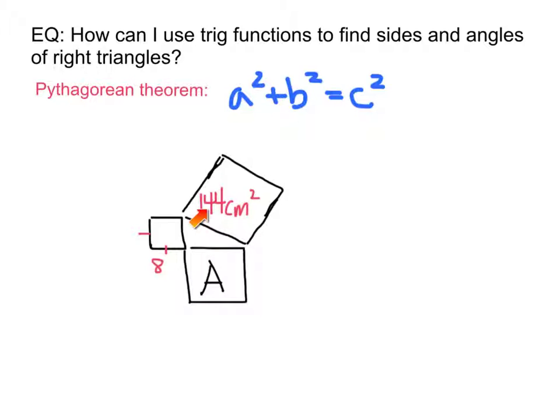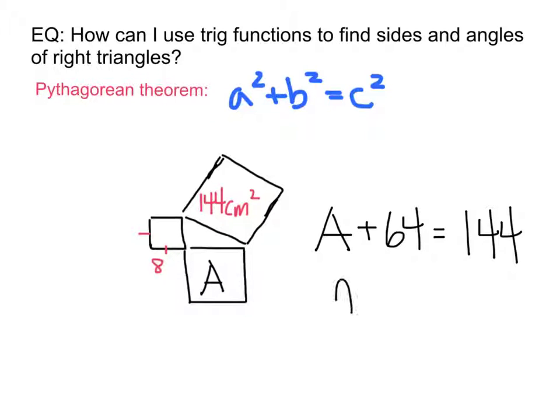So if I want to find the area of a, then I know that it would just be this area, a squared, plus, what's the area of the small box? 64, because 8 squared is 64, equals the area of this giant box, 144. So the area of a is 80 centimeters squared. And so that's how we can use the Pythagorean theorem to break down into these squares.